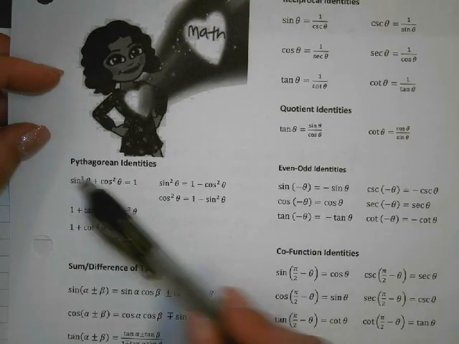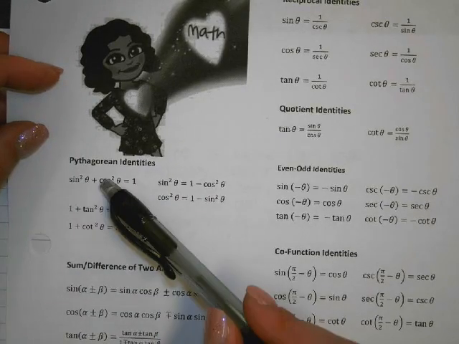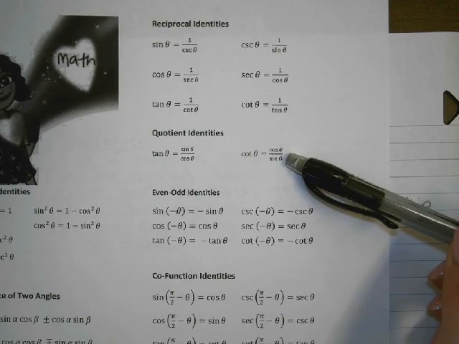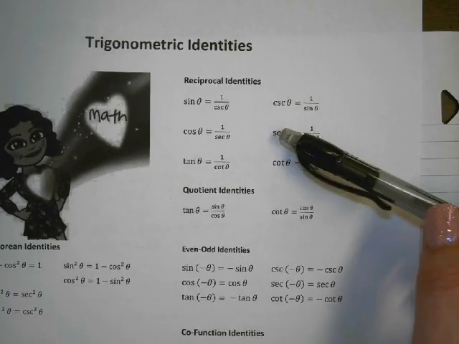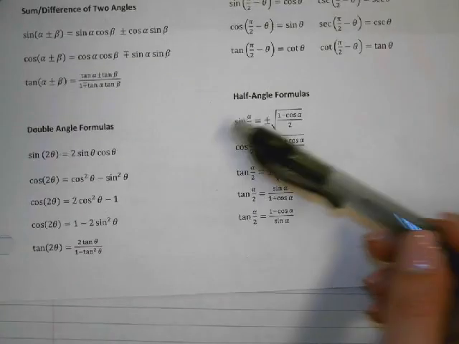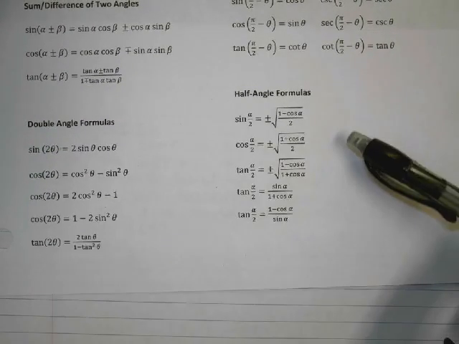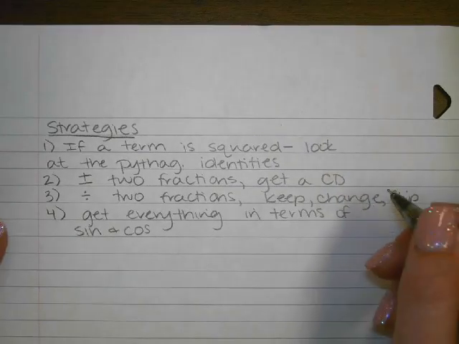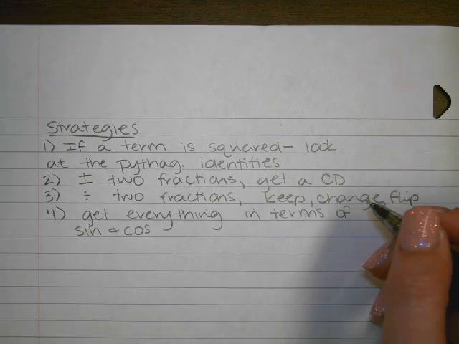In the Pythagorean identity, sine and cos actually go back and forth between each other. With tangent, you have sine and cos. With cotangent, you have sine and cos. With cosecant and secant, you have sines and coses related there. If you look at these other funky formulas that we will learn later on in the unit, all of them have sines and coses in them. And so getting everything in terms of sine and cos is a good strategy because so many of the substitutions have them inside of it.